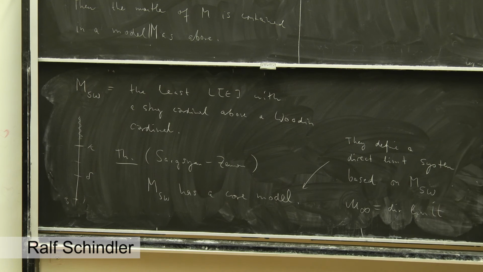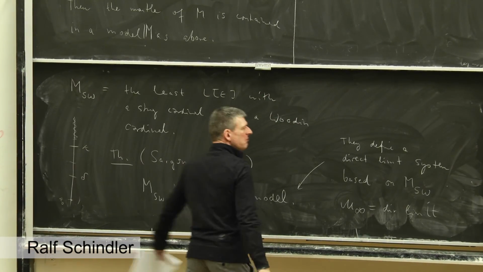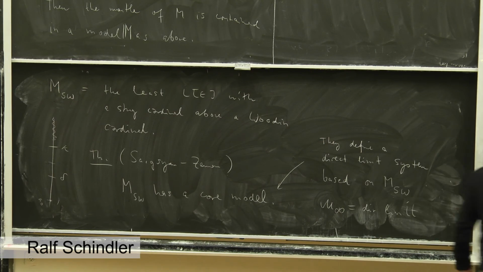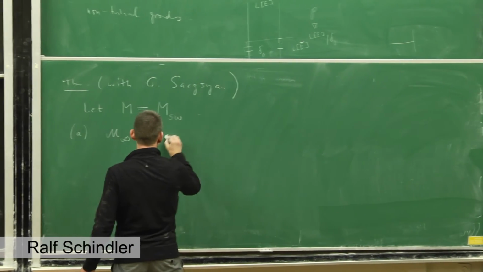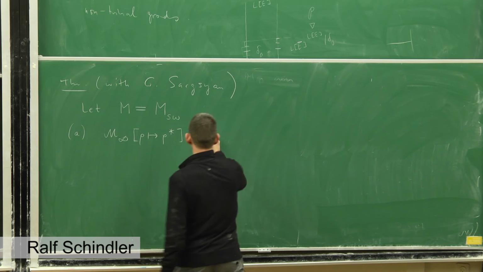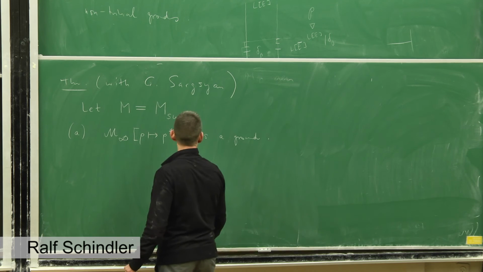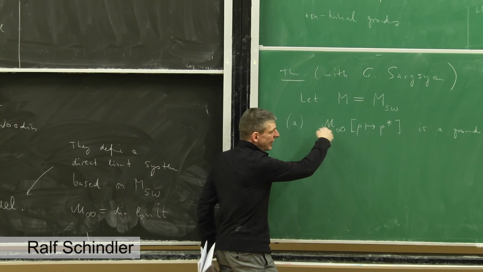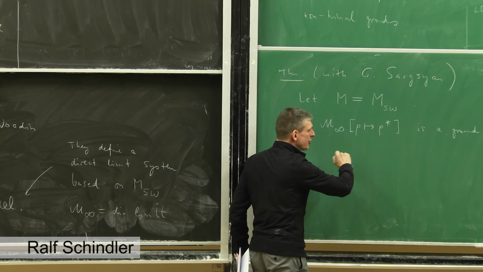So the first thing we realized is that it's not exactly M infinity which will be a ground, but as you are familiar with from the HOD analysis, you have to add a little bit, so you make it a hybrid model. I don't know, this is just the notation I use at this point. It is a ground. So this is the direct limit model. So what you do is you construct from the extender sequence of the direct limit model together with one function.